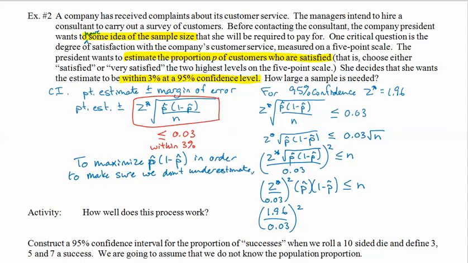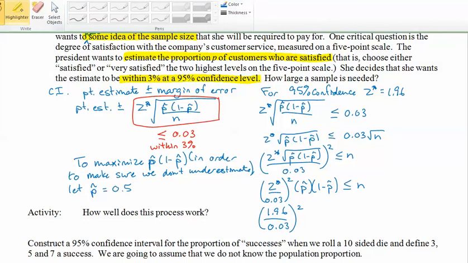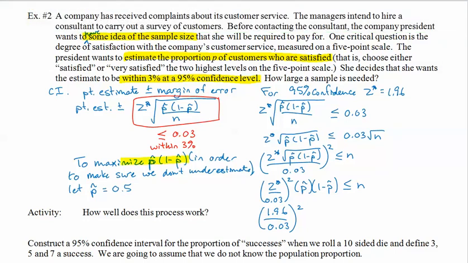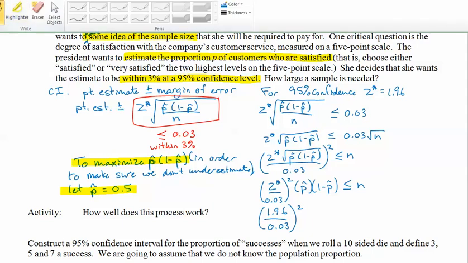So in order to maximize that, we're going to let the sample proportion equal 50%. Okay, that has to be a maximum. So that's a key thing here. We have to maximize that, so we're going to let the sample proportion be equal to 50%.